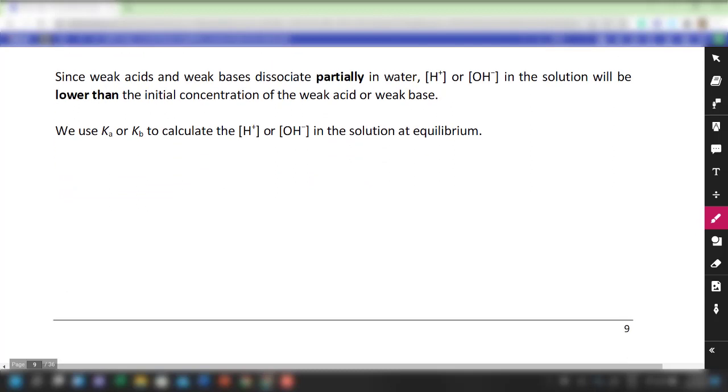So over here I will just use a relatively generic way of representing it. Suppose that we have a weak acid HA in aqueous solution, and then in water, which is the aqueous medium, it will ionize partially to give me H plus aqueous and A minus aqueous.